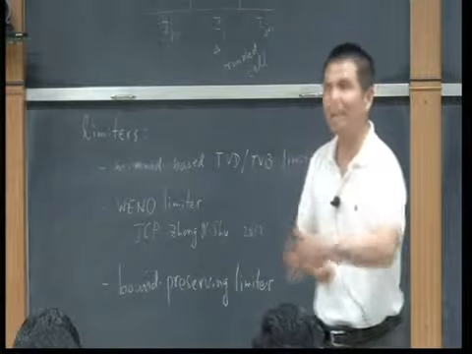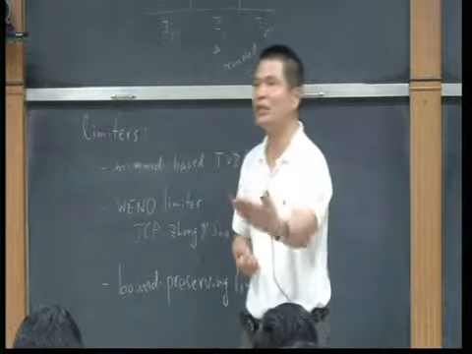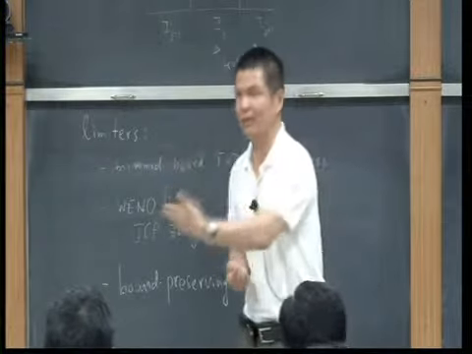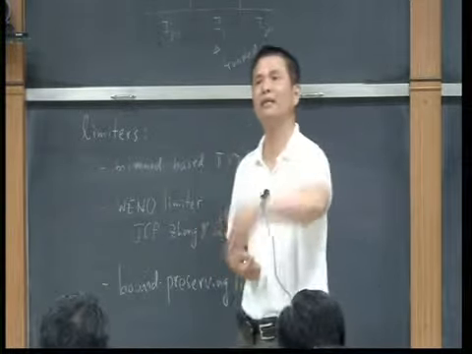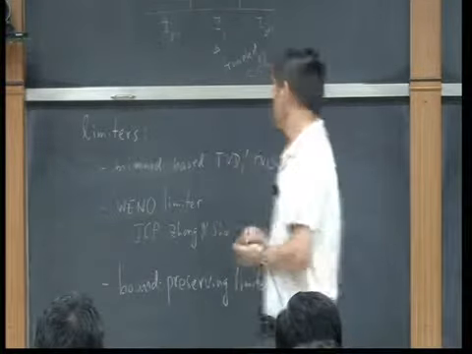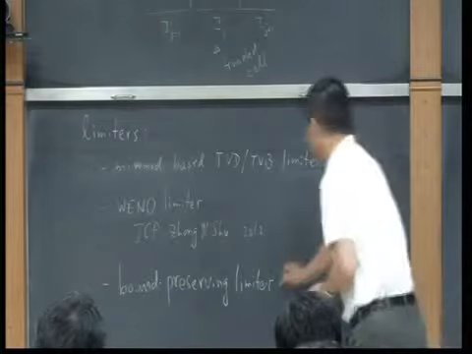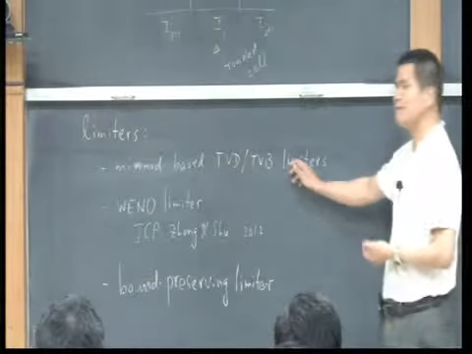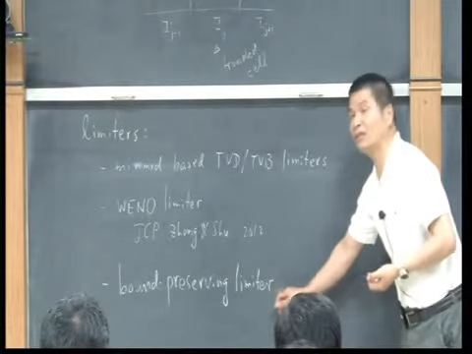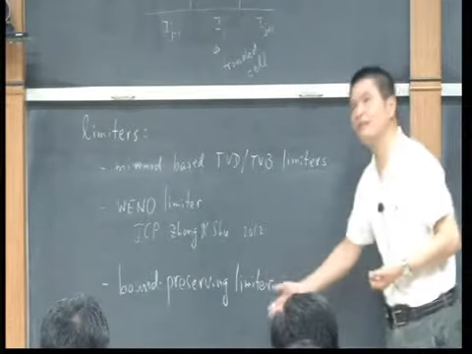If your PDE has a positive density, positive pressure, then it tries to maintain numerically positive density, positive pressure. It maintains the bound that the physical system PDE has. Okay. So this limiter is somewhat related to this type of limiters, but this is much milder, much simpler.